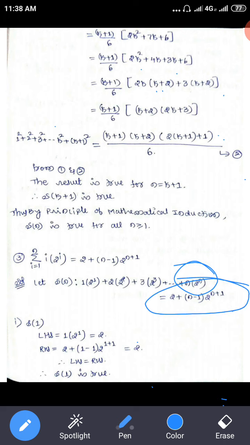So 2 plus (1 minus 1) times 2 raised to (1 plus 1). See, 1 minus 1 is 0. 0 into anything is 0. So this term reduces to 0. 2 is coming. So LHS is 2, RHS is 2. LHS is equal to RHS. Therefore, S of 1 is true.